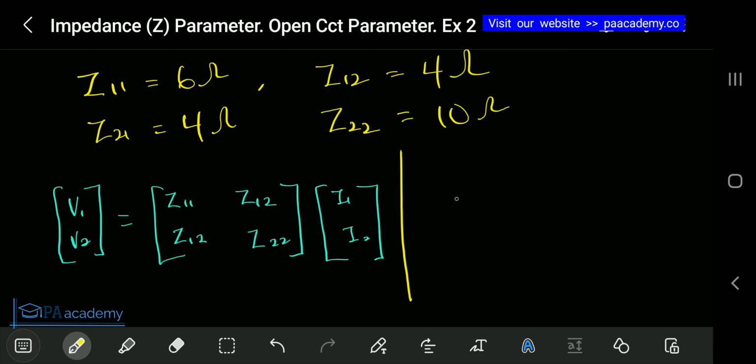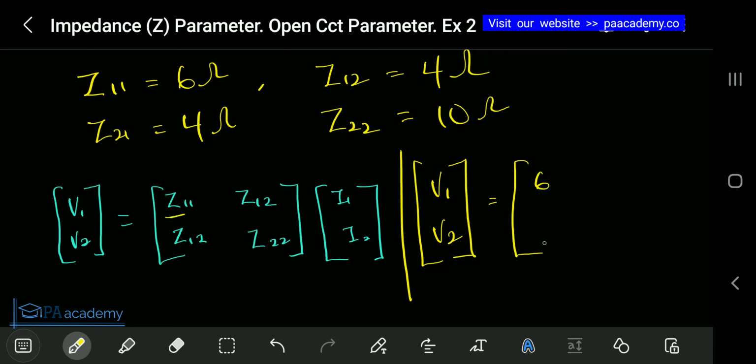We are going to be having our V1, V2 equals to, so our Z11 is 6, so we are going to be having 6. Then our Z12 is 4, so we put 4. Then our Z1, okay, this will be Z21.